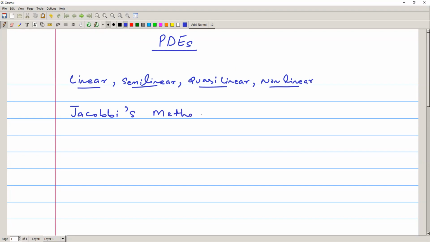First of all, we'll see how this method works and how to start solving a problem using this particular method. So let's say we are given a function of x, y, z, p, and q that is equal to 0.